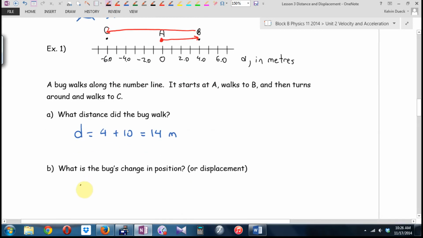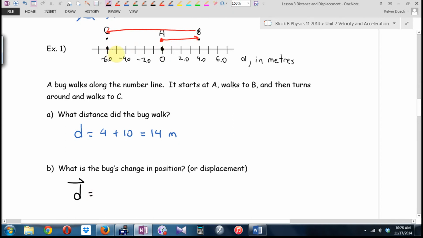What was the bug's displacement or change in position? Where was it when it started? Where did it end? What's its change in position? So, sorry? Not -2. We started here.